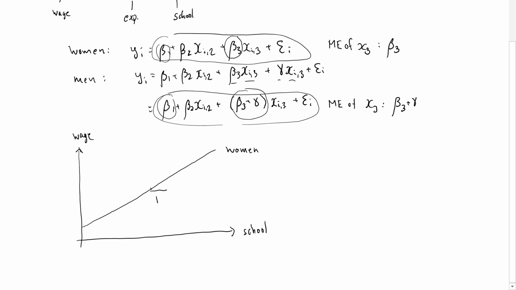Increase of 1, increase of beta 3. And for men the slope is beta 3 plus gamma, so it's either bigger or smaller depending on the sign of gamma. But if gamma is positive, then we have 1 and beta 3 plus gamma. That's for men. So simply the model allows the return from an additional year of schooling to vary between these two groups.